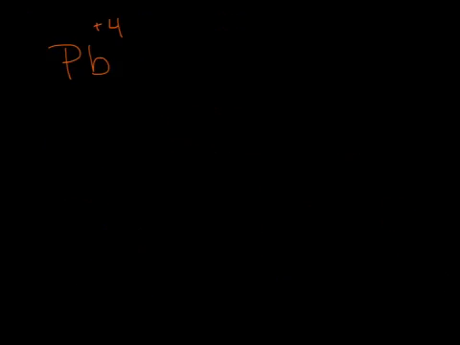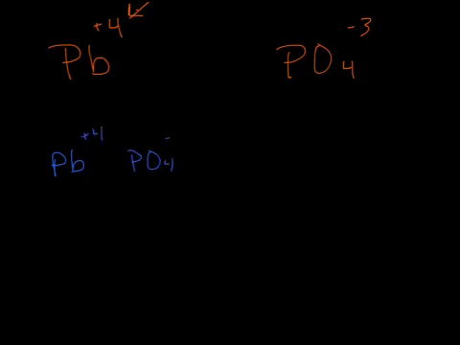So let's take a look. I already have lead written up, but we're going to combine lead with, say, phosphate, which has a -3 charge. Alright, we are using the lead 4. Alright. So as we combine these, lead plus 4, phosphate -3.